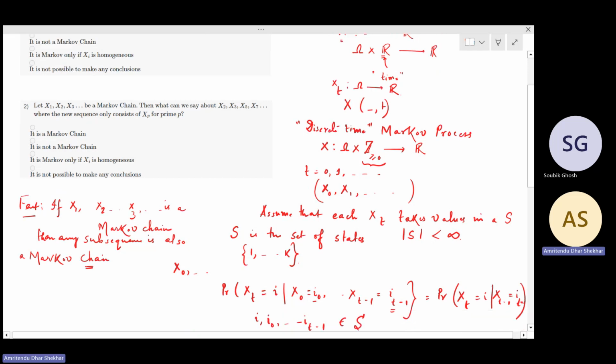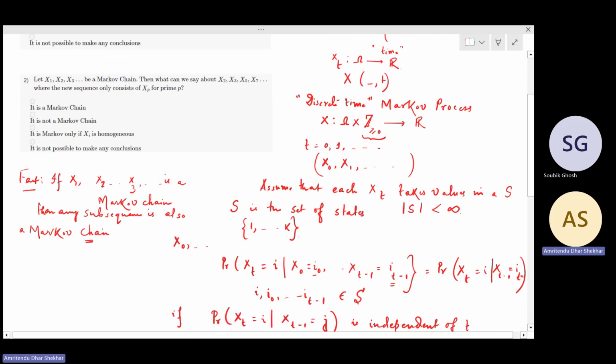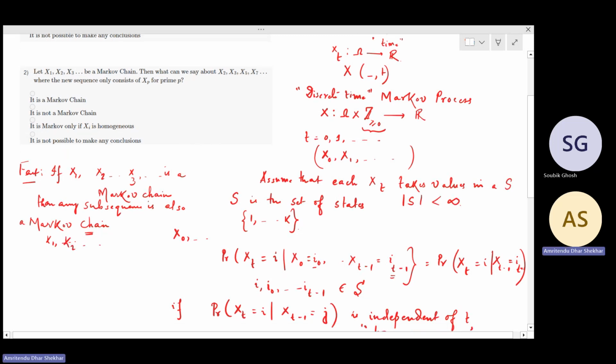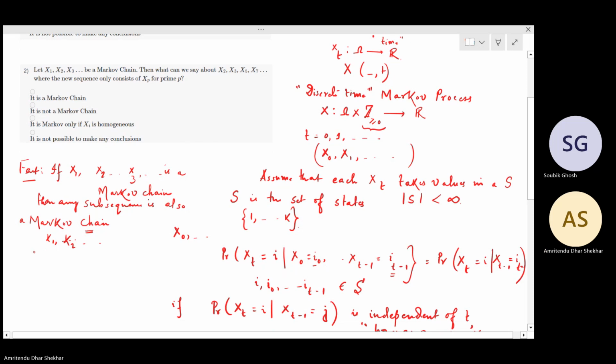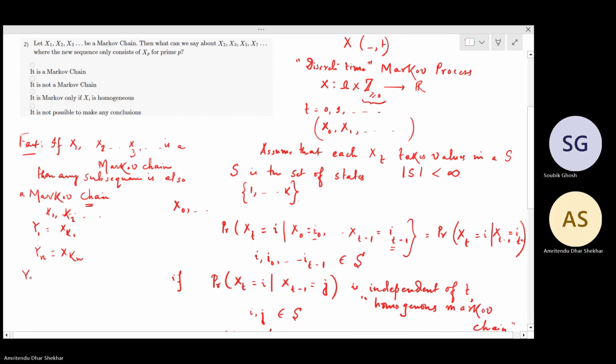So why? Let's say we have some subsequence k1, k2, and so on, and we define another sequence where y1 equals x_k1, and yn equals x_kn. Then y1, y2, and so on is also a Markov chain.